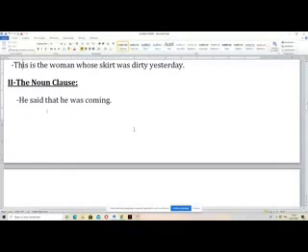A noun may modify another noun when it acts like an adjective, in some cases. But here, in "he said that he was coming," "that he was coming" is a noun clause functioning as the object of the verb.